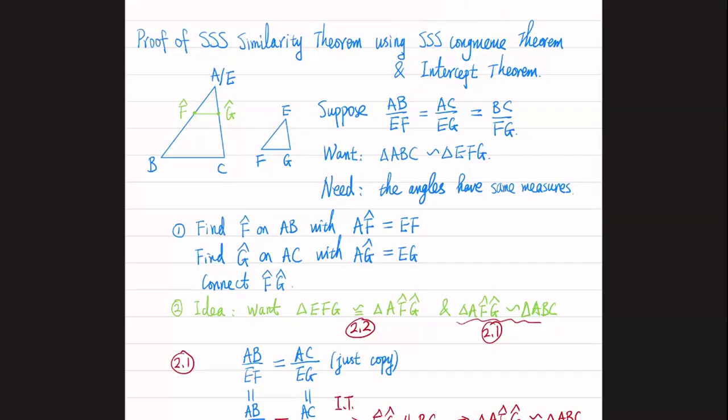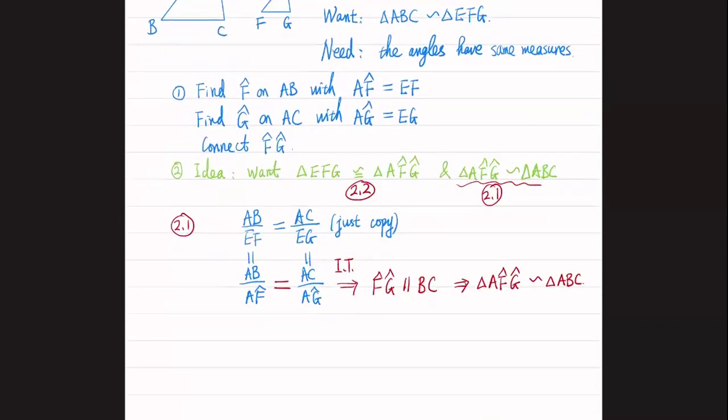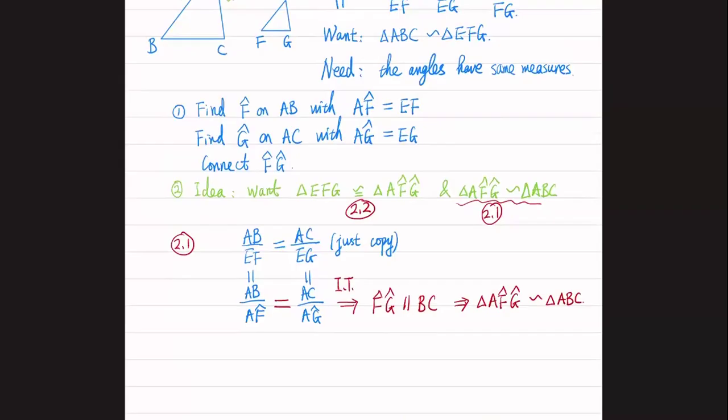Okay, think about this. This pair done, this pair done by the construction. What's missing? Okay, so the second step, we need to check the missing condition.